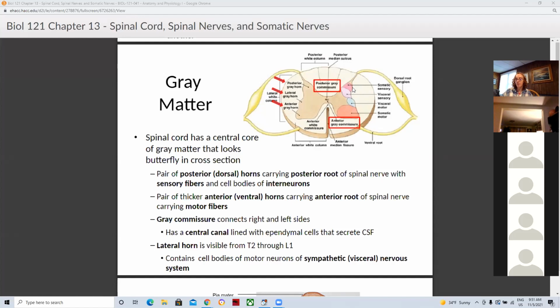This is important to remember. It's going to come up again later. The posterior horns, the dorsal horns, carry the posterior root of the spinal nerves that are coming from the sensory fibers and are synapsing on the cell bodies of the interneurons.